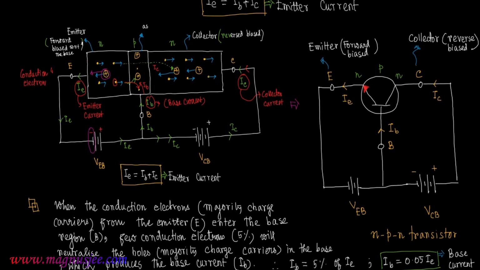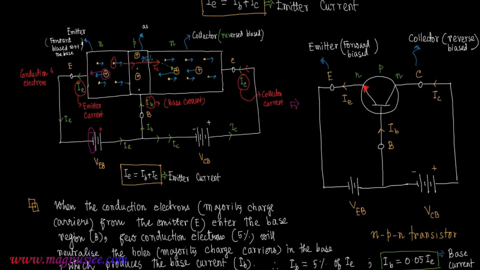And we can also explain it in this way. The conduction electrons, the majority charge carriers from the emitter, will enter the base.